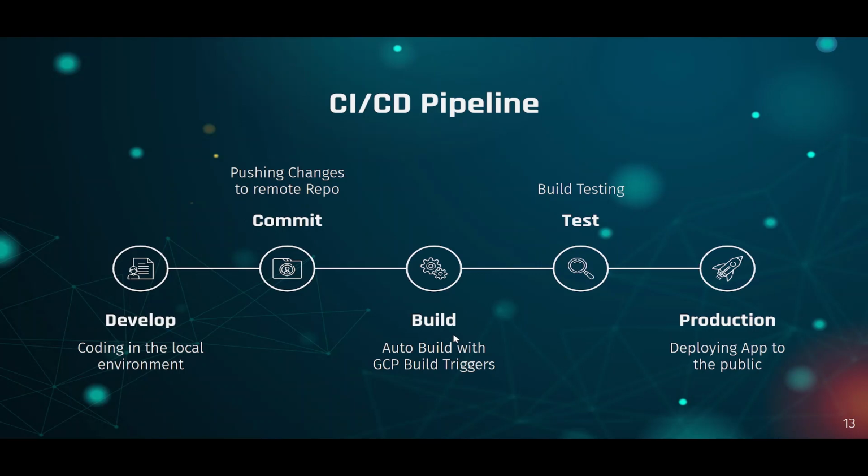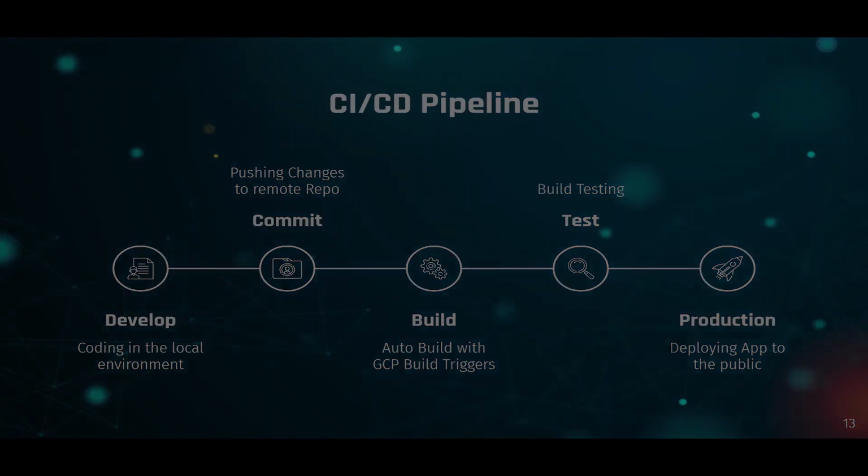The build is gonna be auto-built with the Google Cloud Platform build triggers. The testing is also gonna be done by Google Cloud. Then once the application is tested, the production phase is gonna be automatically done via Google Cloud to the public, so that everyone is gonna see the latest changes of our application.